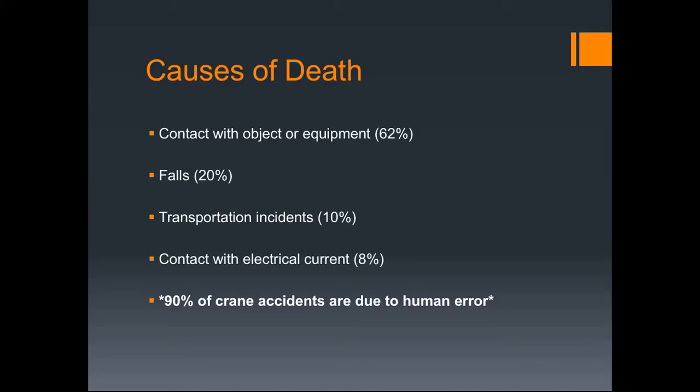Then transportation incidents, which is just moving cranes around the construction site, account for 10%. And then contact with electrical current, which I'll get to in the next slide, accounts for 8% of fatalities in dealing with cranes.